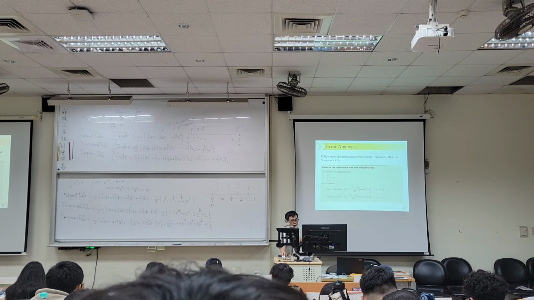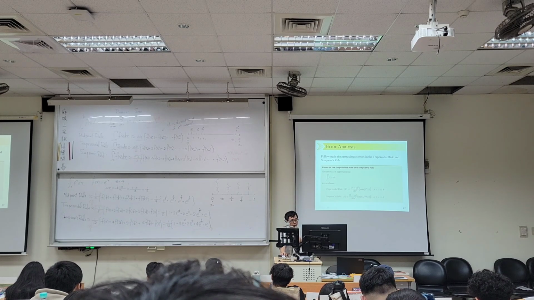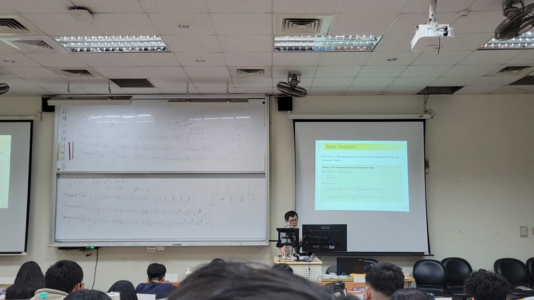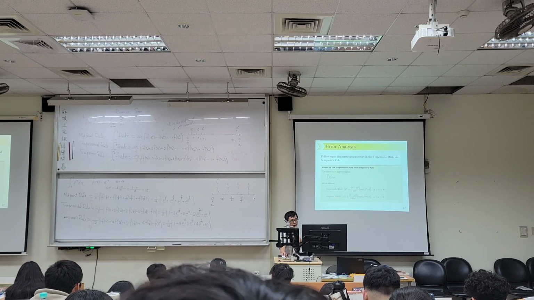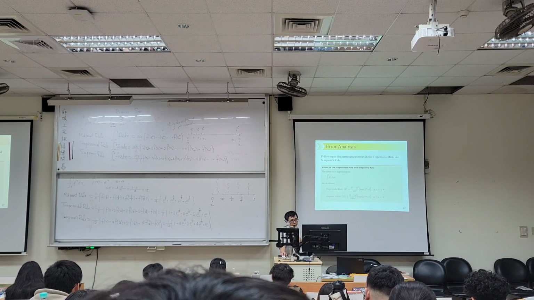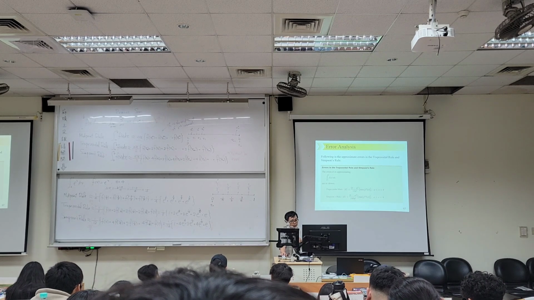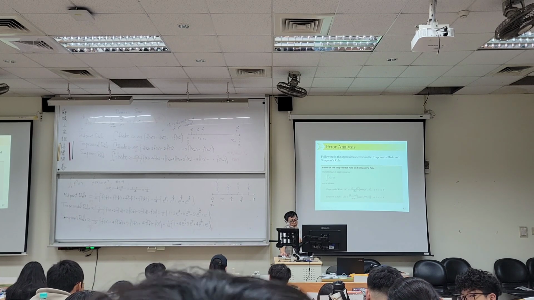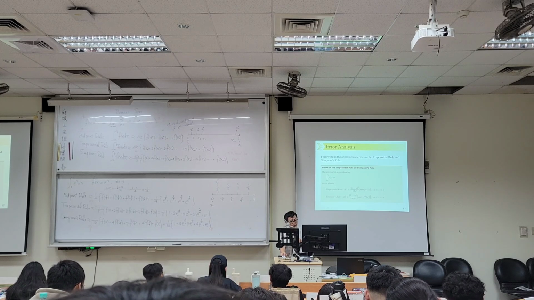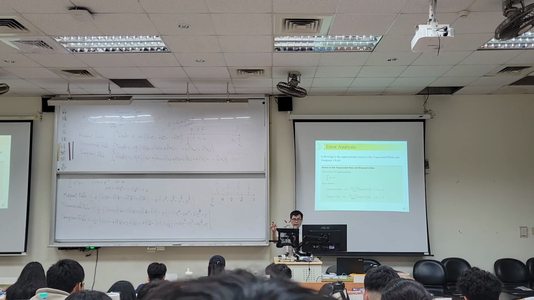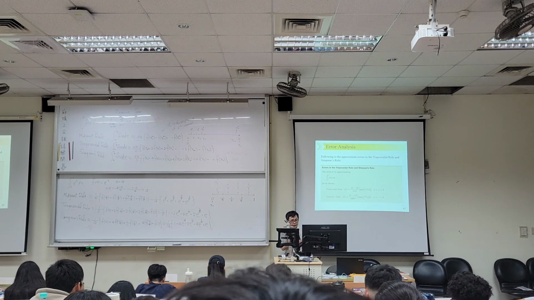For Simpson's rule, instead of power 3, the power becomes 5, and the denominator becomes 180 n to the 4th power. And here we use the fourth derivative of f(x).